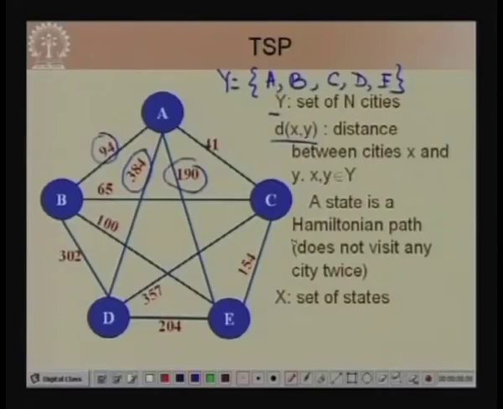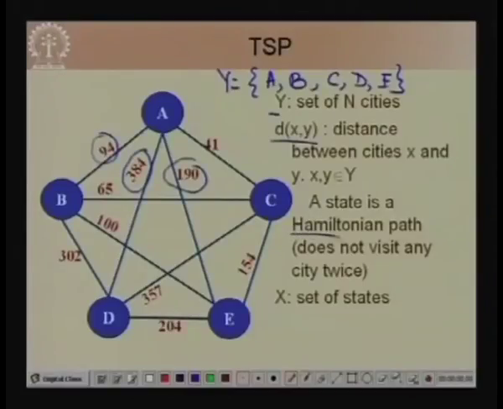In the state space, a state would be represented as a path connecting a number of cities, such that in this path no city is visited more than once. Such a path is called a Hamiltonian path in graph theory.